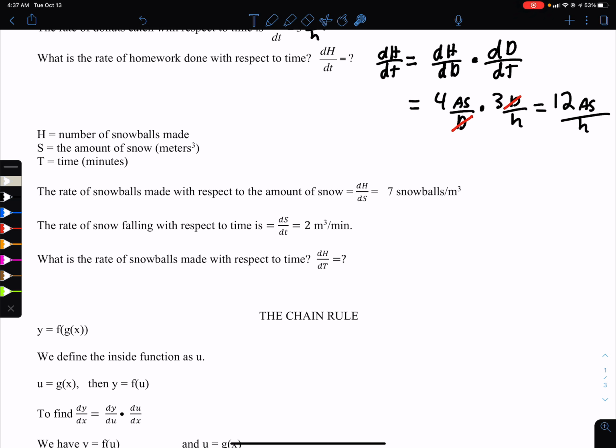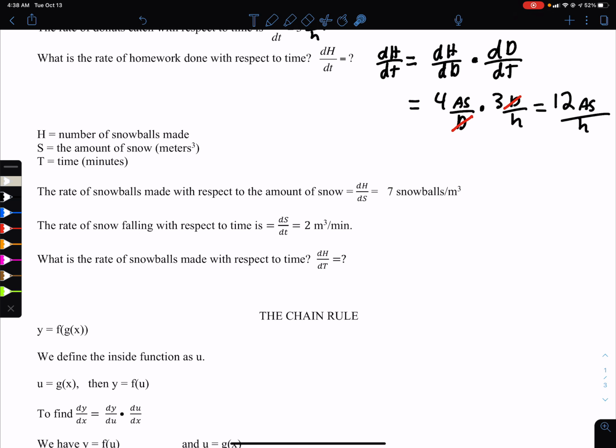So you have a rate of 7 snowballs per cubic meter. So the rate of snowballs made with respect to the amount of snow, the change in the amount of snowballs with respect to the amount of snow that's available. So that rate is 7 snowballs per cubic meter.